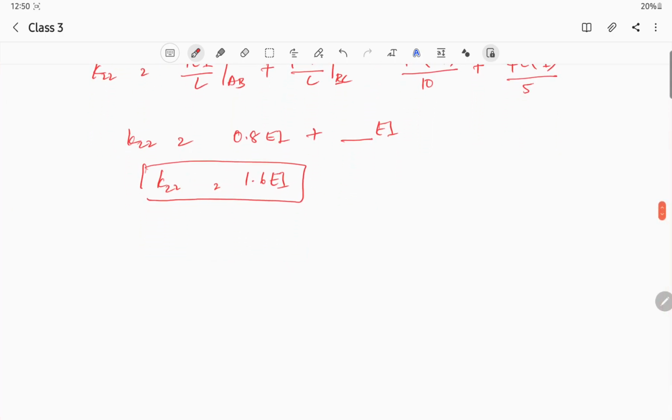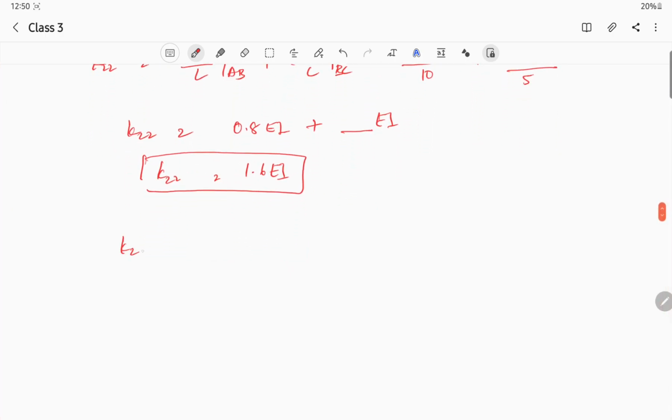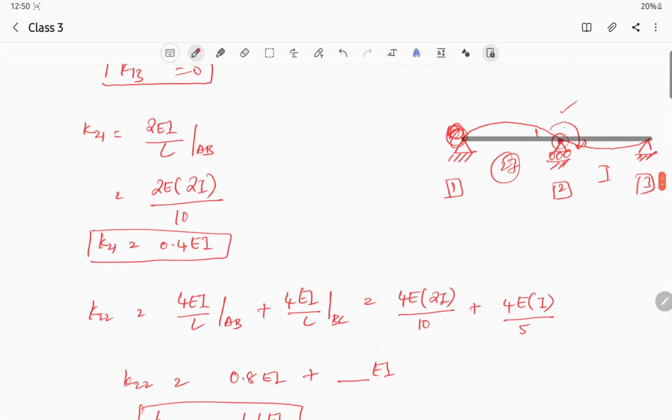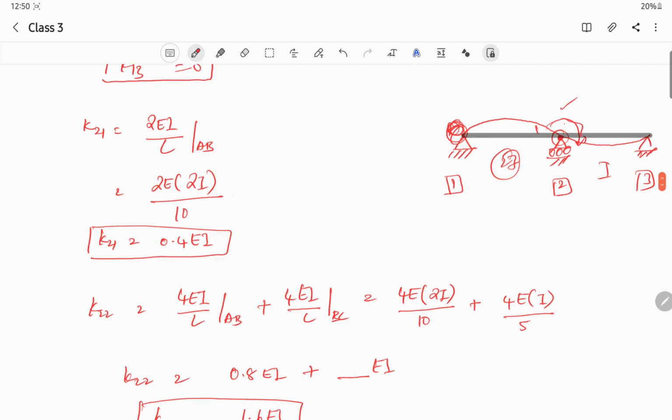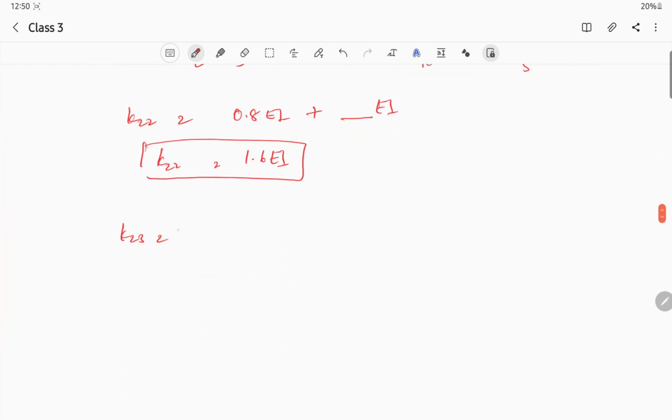Alright. Then what about K23? See, we are rotating at this location, but what will happen at this location? K23 will be 4EI by L or 2EI by L? 2EI by L, which is equal to 2E times I, I is I as it is, by the span, which is 5 meters.